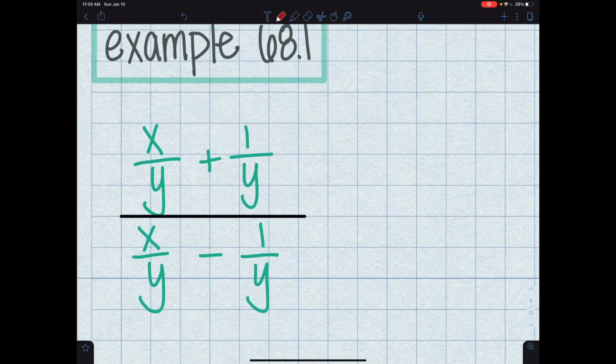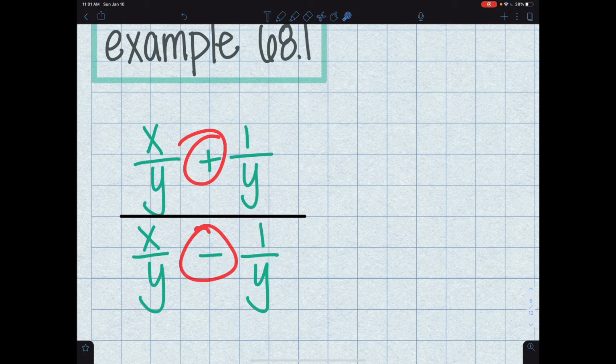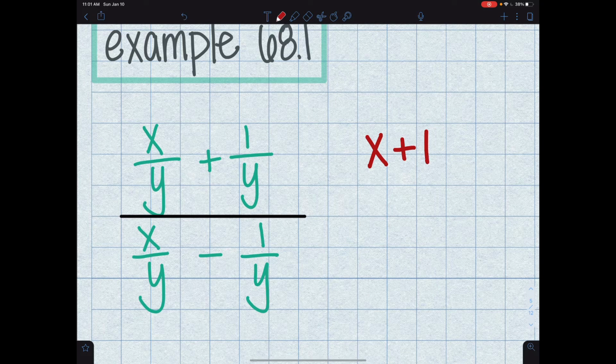Okay, so we're doing example 68.1 here, and the first thing that we have to do is take both of these expressions in the numerator and the denominator down to just 1 expression by performing this operation. The top one's going to be easy because I see a denominator of y and a denominator of y, so they have common denominators. On the top, it's going to be x plus 1, and on the bottom is just going to be y.